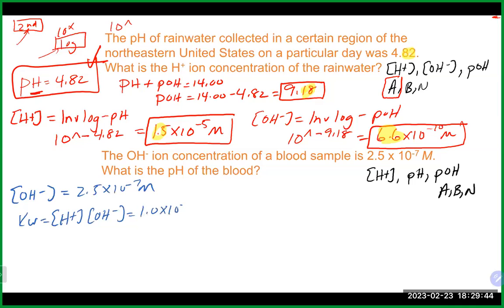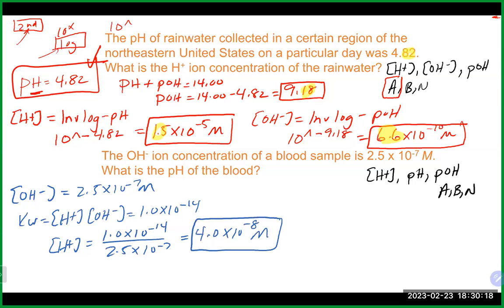It works just as good in this case. So if we went that route, for example, we would then have the H plus concentration would equal 1 times 10 to the minus 14 divided by 2.5 times 10 to the minus 7. That's going to give us, looks like, maybe 4 times 10 to the minus 8 molar.